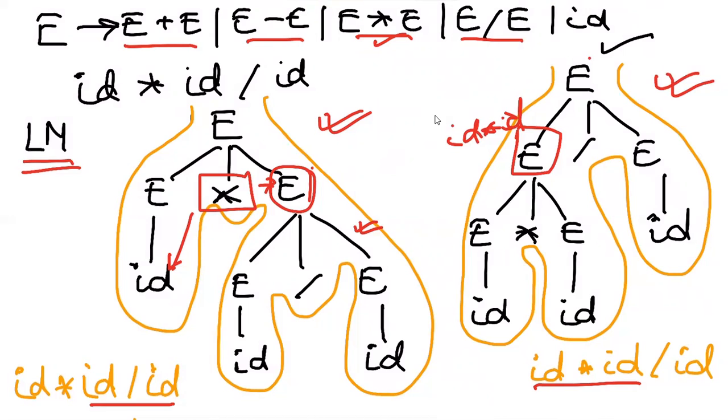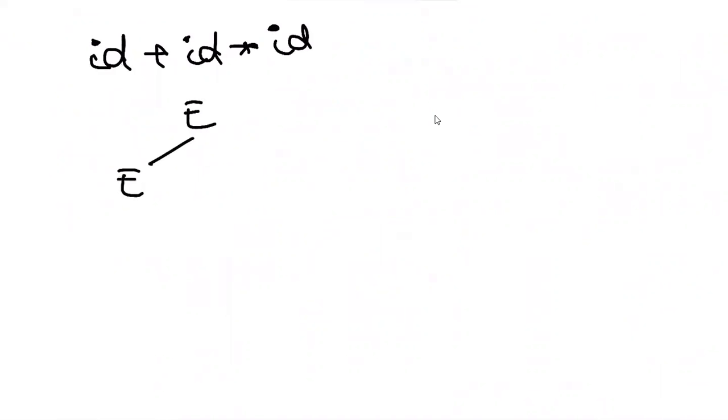Say I have an expression like this, ID plus ID into ID. So again, if I try to draw a parse tree for this, I can write it like this, because there's no restriction on what I can do first.